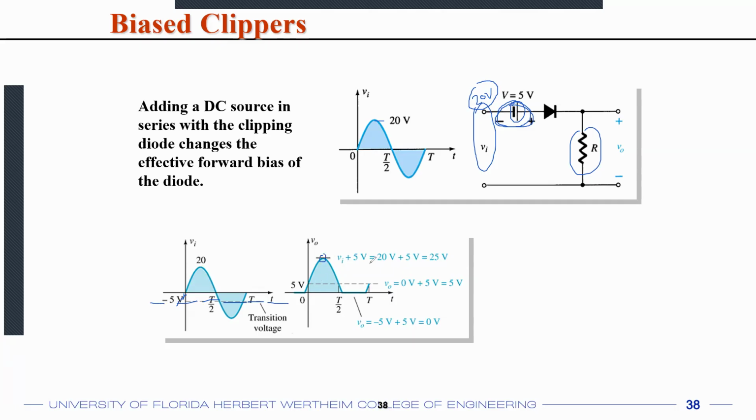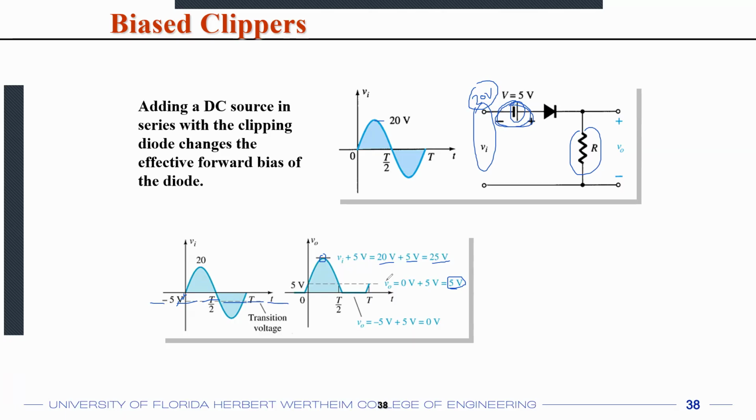The peak is at 5 volt plus 20 volt, so the peak is at 25 volt. The original midpoint of the sine wave is now at 5 volt. And then you are passing what was there originally in the sine wave from 0 to minus 5 volt. Those voltages are also getting passed through the diode.